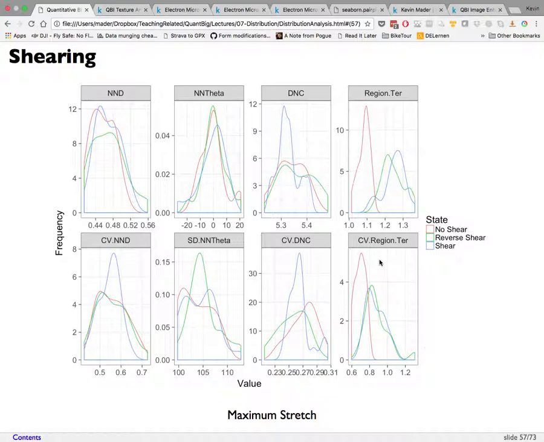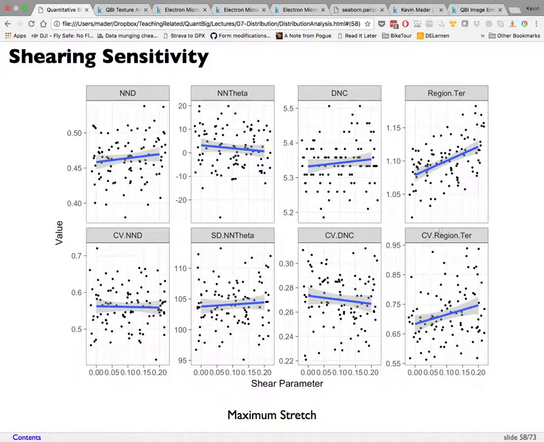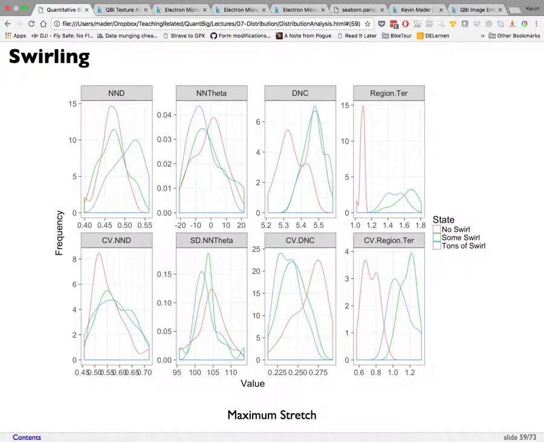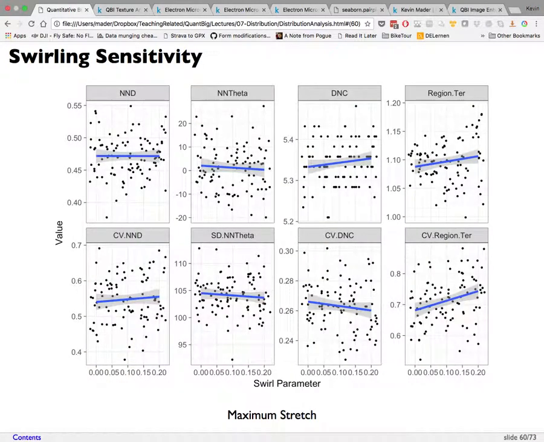Shearing, we can do the same thing. So you make these graphs and then you see that this region territory is actually the most sensitive metric we have for measuring how much shearing is taking place. Swirling is the last one, and we actually find that even though the transformation is very weird, this region territory coefficient of variation is the strongest indicator of that.